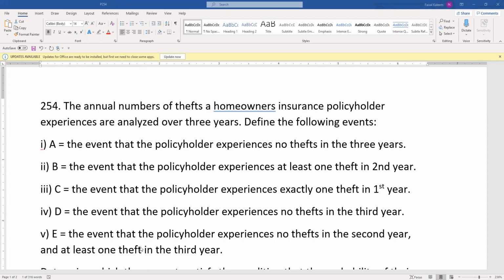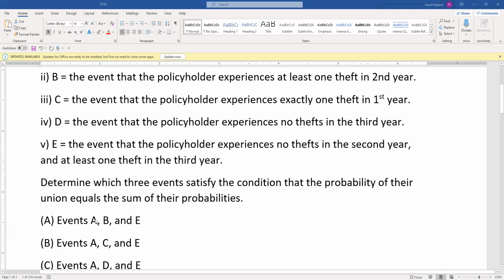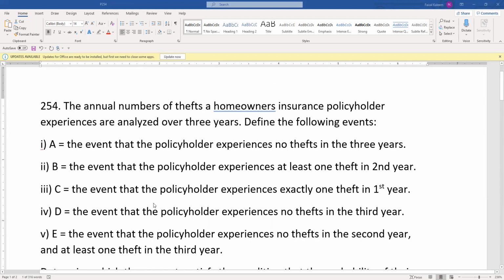So now let's see what if B happens. Right now we're just focusing on choice A, where the events are A, B, and E, and we are seeing what happens if one of them happens. We've shown that if A happens, then B and E cannot happen, and let's say that B happens.